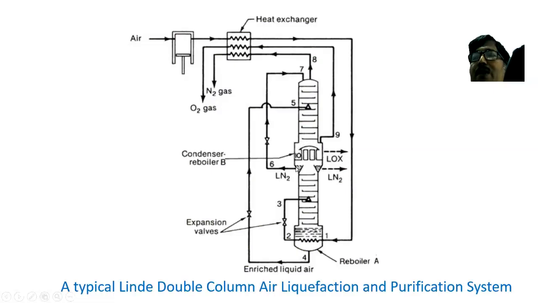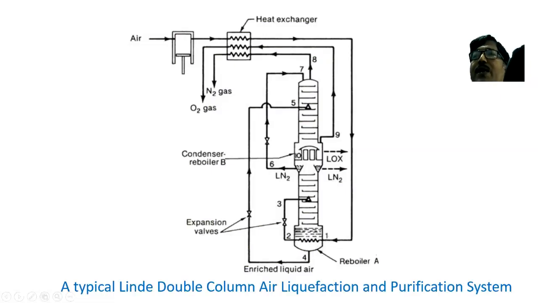But when it is condensing nitrogen to liquid nitrogen, it will be acting as a condenser. So this unit is known as the condenser reboiler. Here in this bottom section, of course, we have a unit similar to a reboiler.